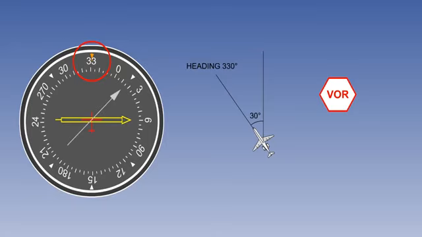The information from both NDBs and VORs is presented in the same way on the RMI, by showing their relative magnetic bearing from the aircraft's heading. By adding the heading and the relative bearing, the QDM to the beacon is shown. However, the information has to be processed by the aircraft in different ways.